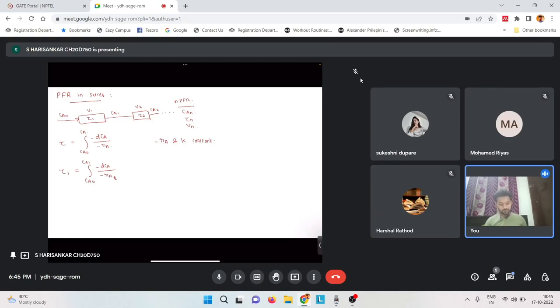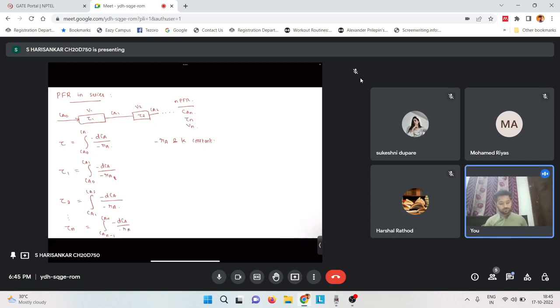Now if you write the same design equation for tau 2, it will be the integral from CA1 to CA2 of minus dCA by minus RA. And you can write this up to tau n, which is the integral from CA n minus 1 to CAN of minus dCA by minus RA.